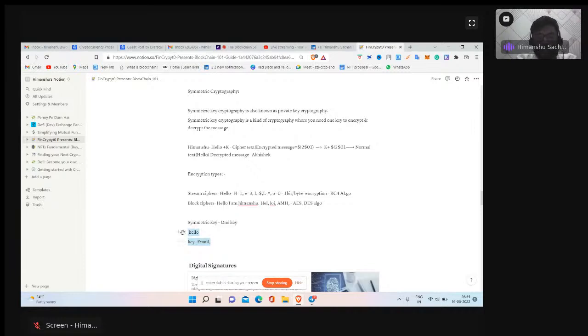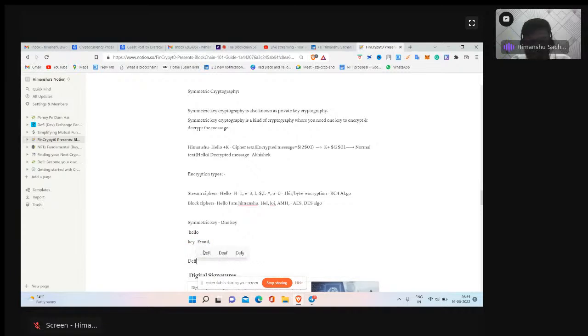Okay, now to solve this problem of key sharing, there is a technique that is used called Diffie-Hellman. Okay, so there is technique called Diffie-Hellman. This is a technique that is used to share the key between users and between sender and receiver in case of symmetric key cryptography.